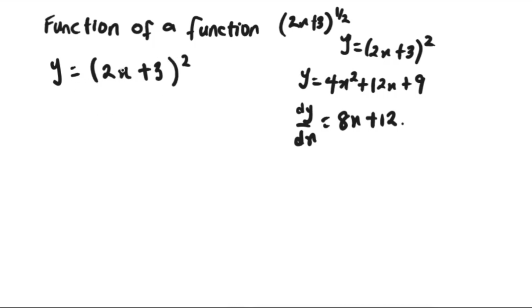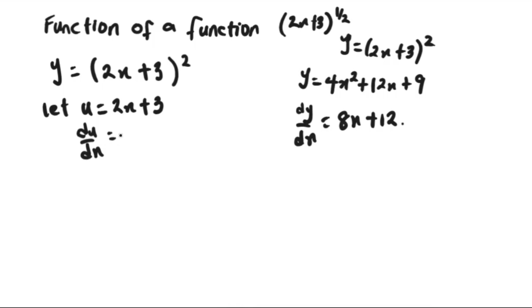So what we'll do here is that what we have inside the brackets, we'll take it to be a letter. And the very common letter that is being used is u. So you say let u be equal to 2x plus 3. We'll differentiate this u with respect to x.